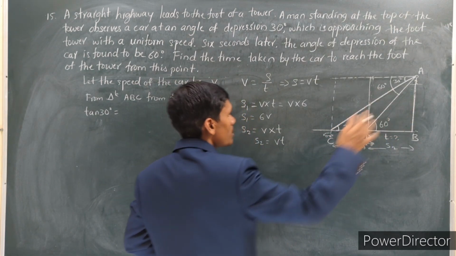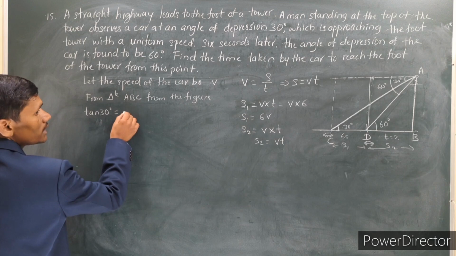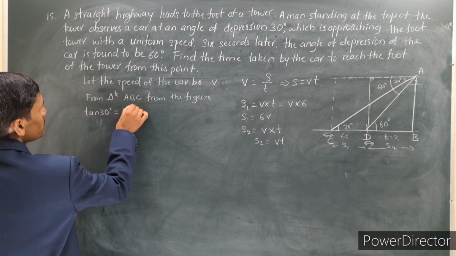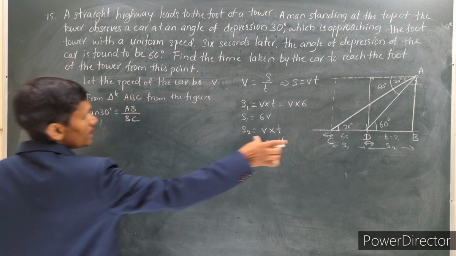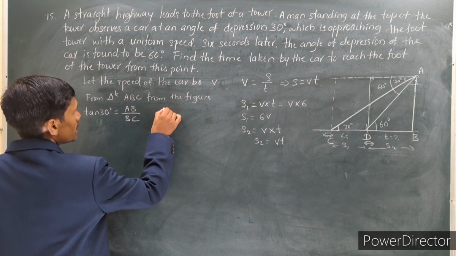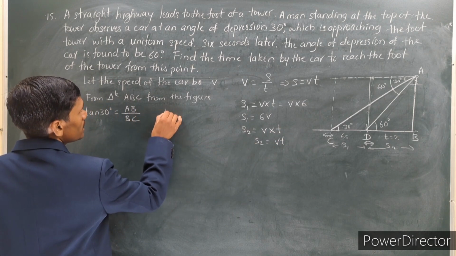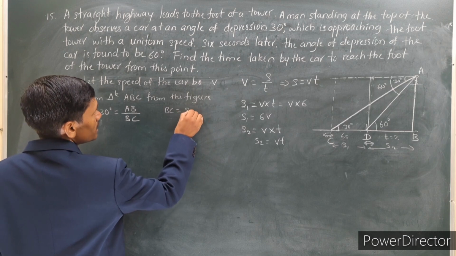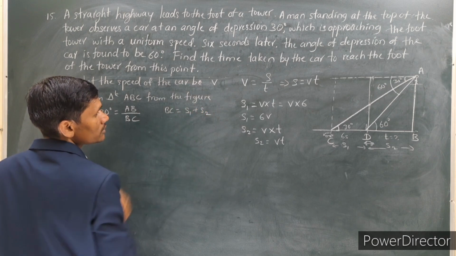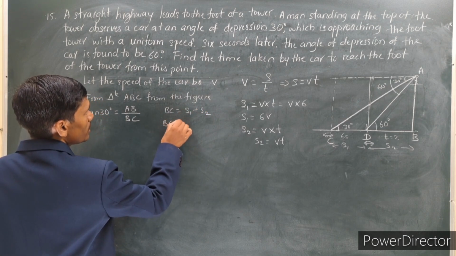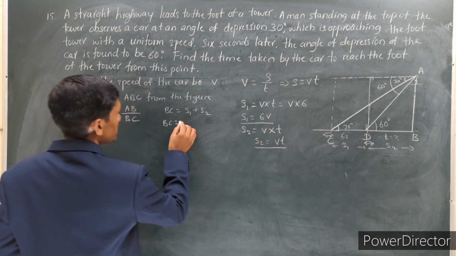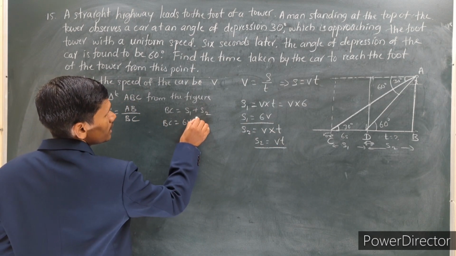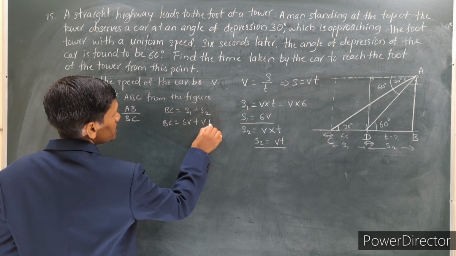Tan 30 is equal to AB upon BC total. Can I write BC as S1 plus S2? BC is equal to 6V plus V T.